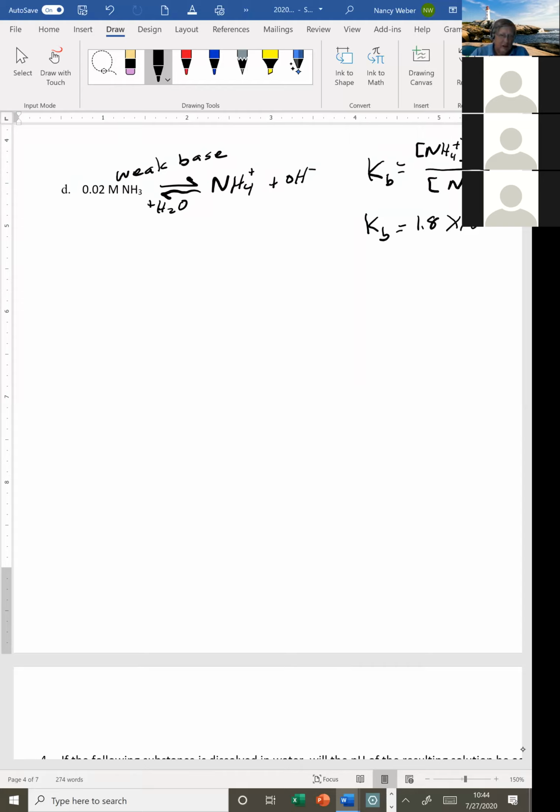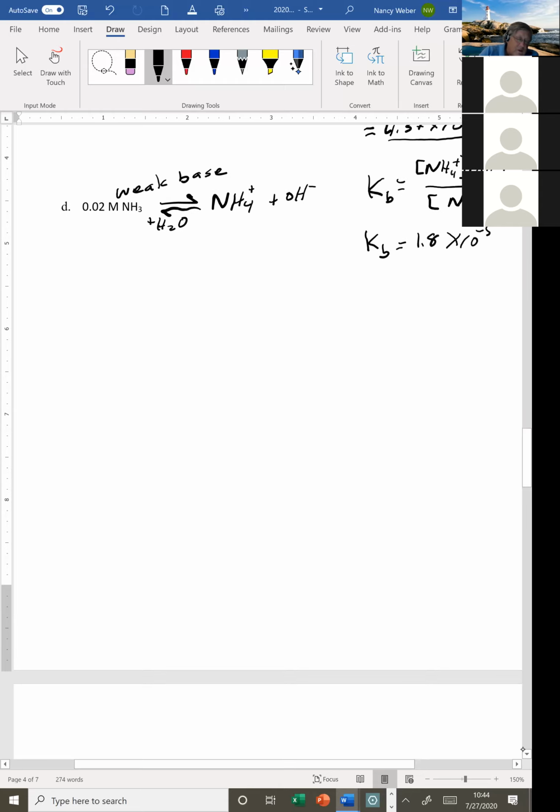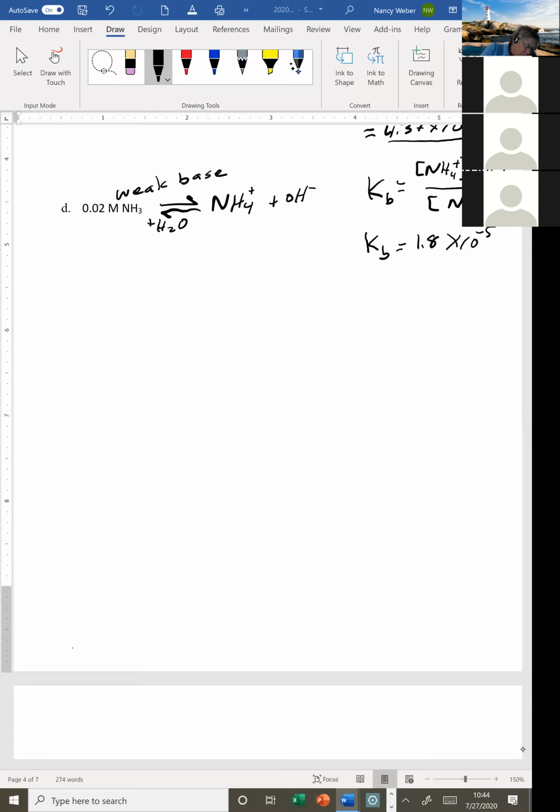One place that you can get good information is your book, which is really the easiest place to get Kbs. Another site that helps sometimes is Wolfram Alpha. If you're familiar with Mathematica, it's the same group that made Mathematica.